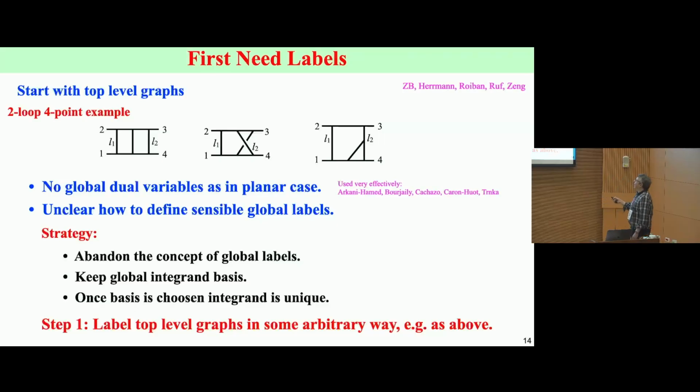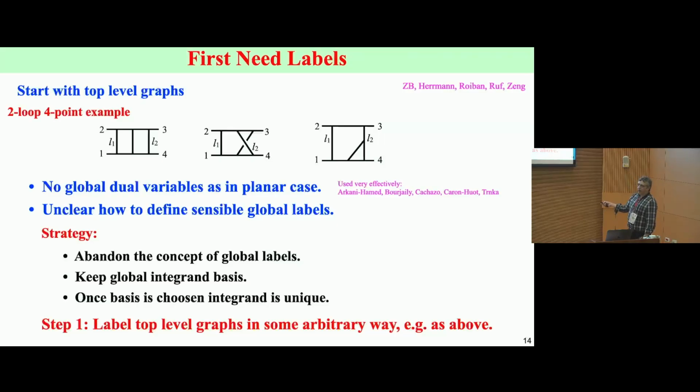is label things. And usually when people start thinking about a basis and they think about labels, at that point they're confused, because at loop level there's no canonical way to assign labels that are consistent across all diagrams. If you look at only the planar case, we know exactly how to do that.